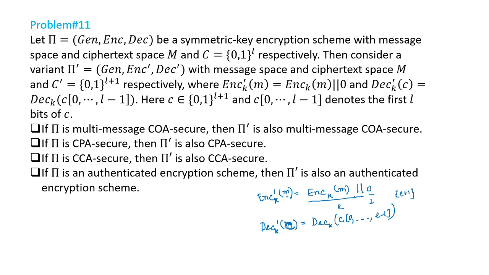Now because the last bit 0 does not really contain any information about the plaintext, it all boils down to the first L bits of the ciphertext, which would in turn imply that I should be able to gain information about the underlying plaintext by looking at the first L bits of the ciphertext, which is nothing but the ciphertext corresponding to the original scheme pi.